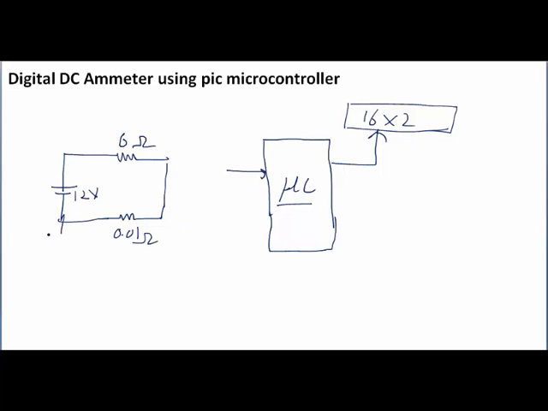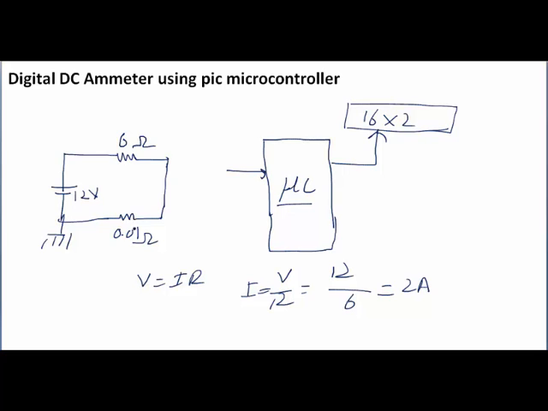This is ground. What amount of current will flow in this circuit? As you know, V is equal to IR, so I is equal to V by R. The input voltage is 12 volt and the load resistance is 6, so 2 ampere current will flow in this circuit.